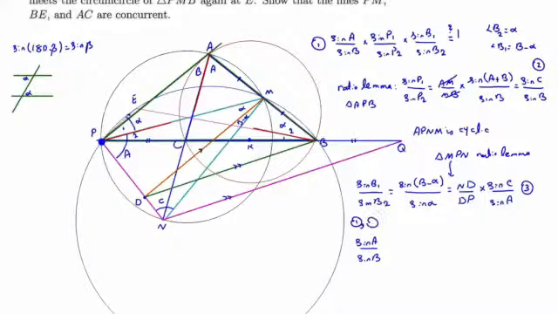By the first one, second one, and third one, we should prove that sine A over sine B, by the second one, instead of sine P1 over sine P2, we write sine C over sine B, times sine B1 over B2, which by the third one is ND over DP, times sine C over sine A, equal to 1.